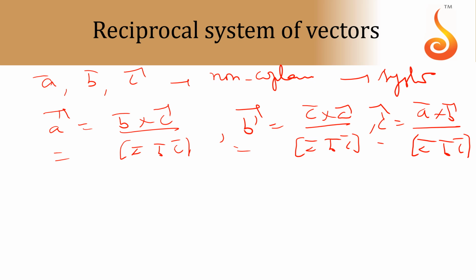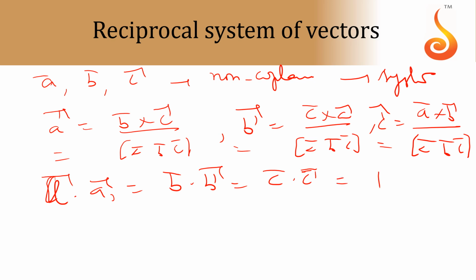These are the three vectors. If you observe carefully, A bar dot A dash bar, B bar dot B dash bar, C bar dot C dash bar are ones. Then A dash bar, B dash bar, C dash bar are called the reciprocal system of the given system.